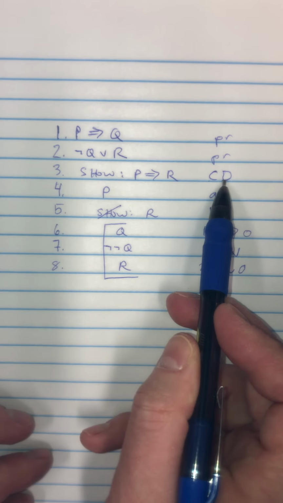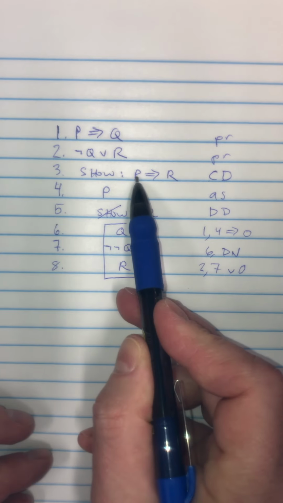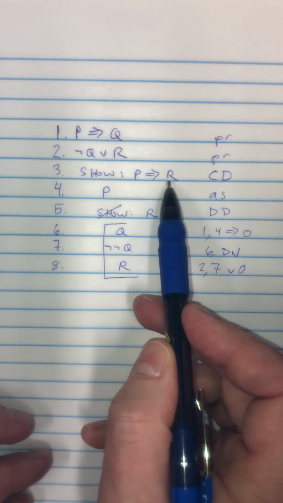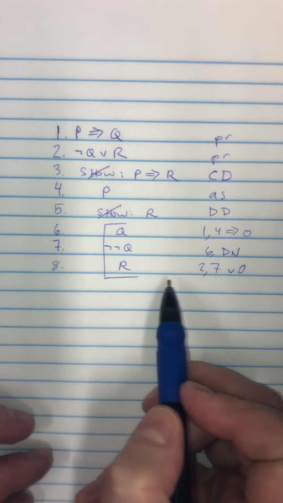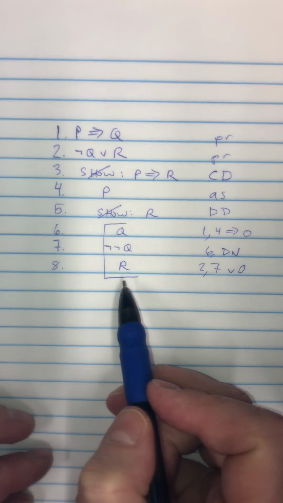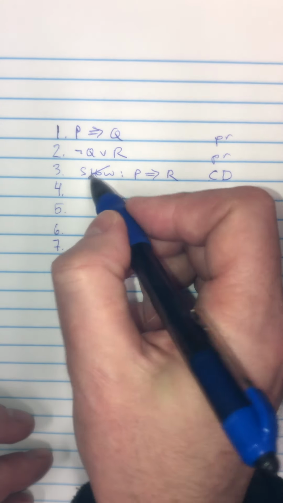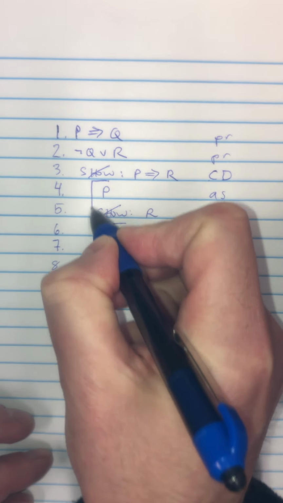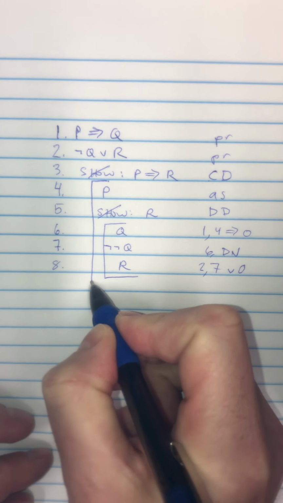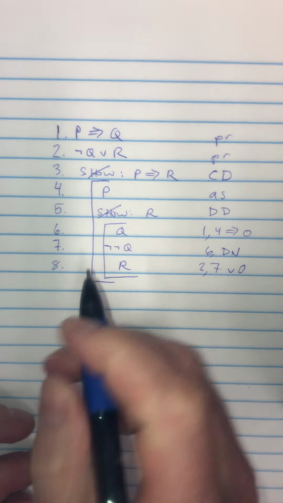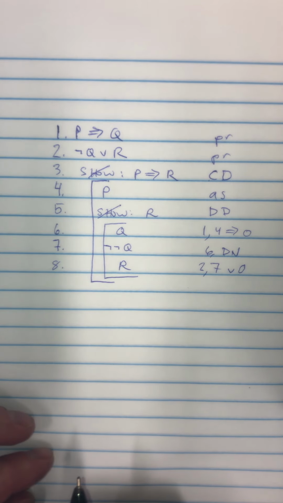And you can tell it's not a direct derivation in this case because we're able to cancel the show line P arrow R, even though P arrow R does not appear at the bottom of our proof. That's okay though. This proof technique allows us to cancel a show line of that form when after assuming the antecedent, we're able to show the consequent. So we box and cancel, and that's the end of that particular proof.